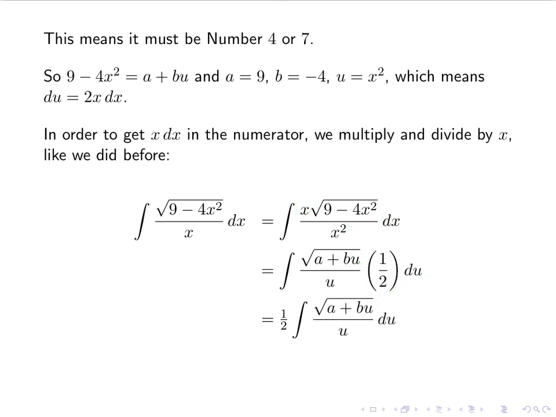Pull out the 1/2. And then if we look at our table, we have the square root of a plus bu over u, and between 4 and 7, that has to be 7. So again, 4 has that extra u in the numerator, but we have it in the denominator, so it's 7.